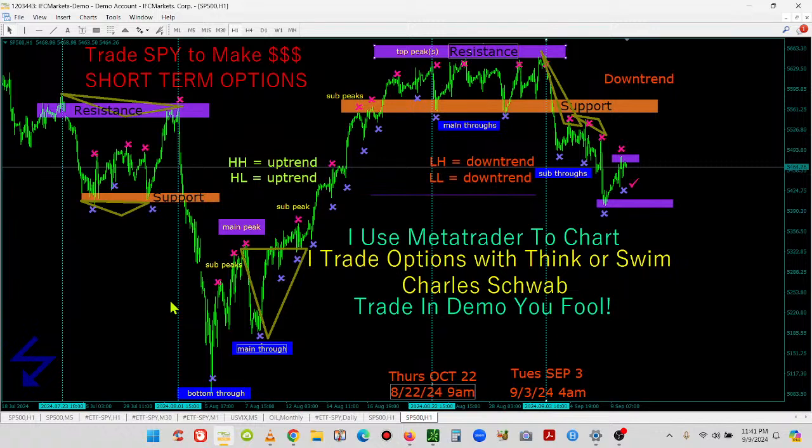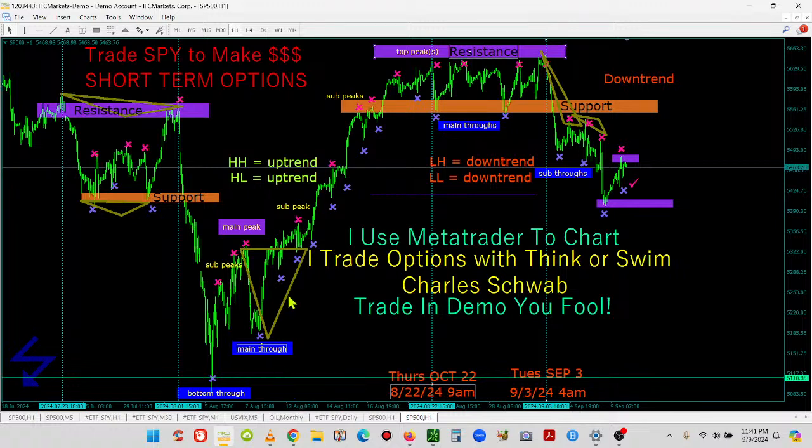And then when support is broken, we were still back here, when it was super bearish.